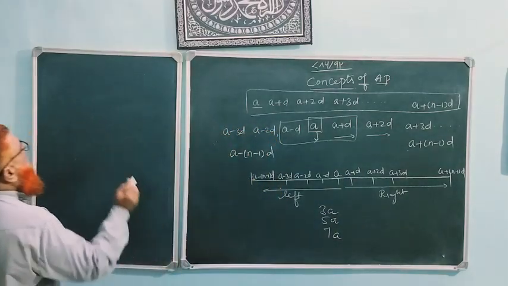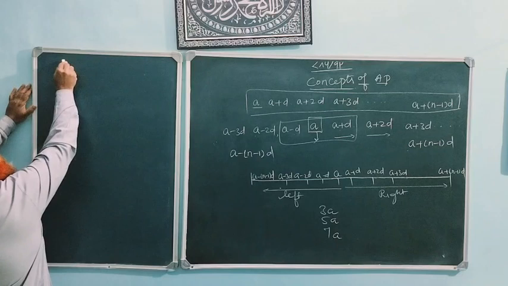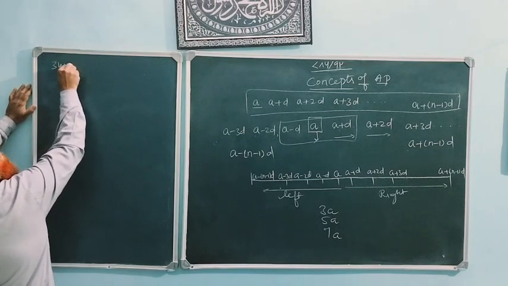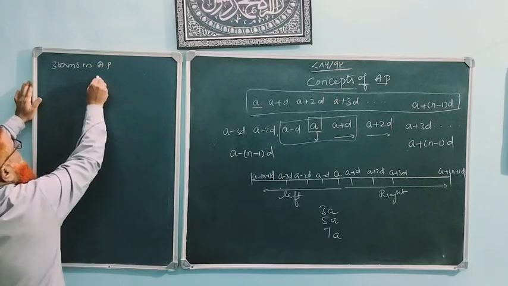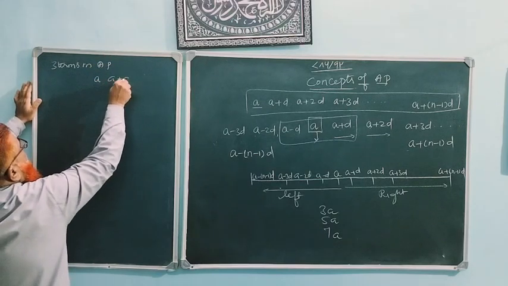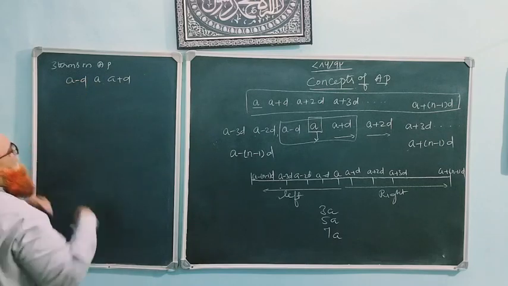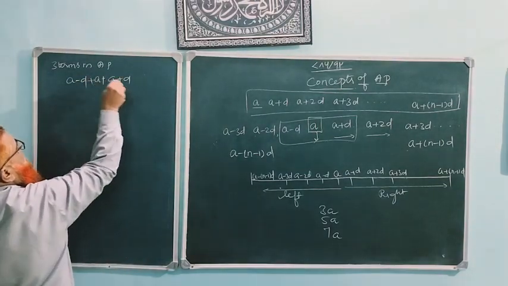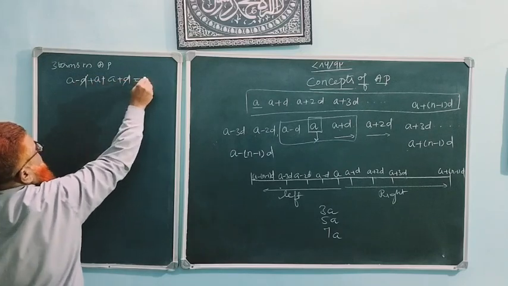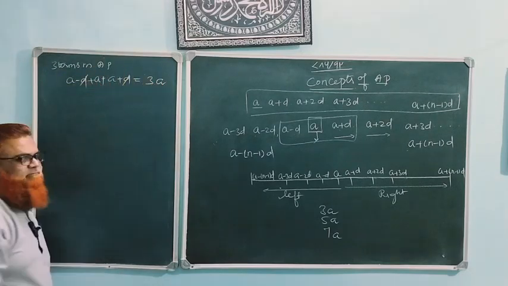Let's take 3 terms in AP: A is the middle one, A plus D and A minus D. Make the sum of these 3.